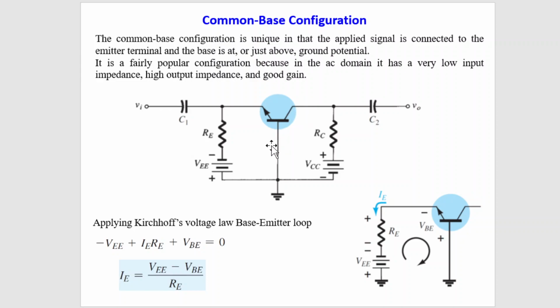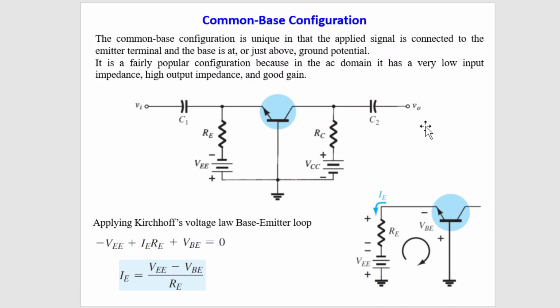And if you check the base-collector junction, the collector is N type, so it should be connected with the positive terminal of the battery, and the base is P type, so it is connected with the negative terminal of the battery. So the base-collector junction is in reverse bias. That means this transistor biasing is very easy, just by using two DC power sources, and we can apply the AC input at the emitter terminal and get the output at the collector terminal.